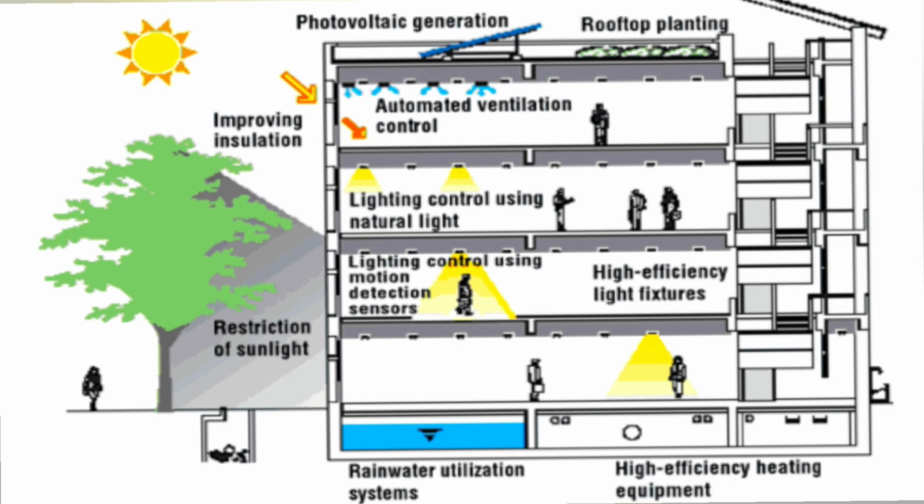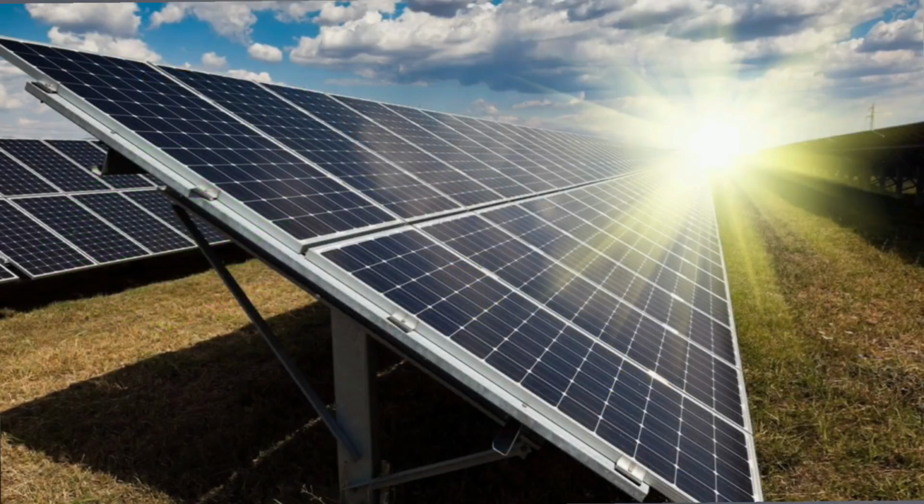It refers to the solar panels that we install over the surface of our building for the generation of electricity. It converts the light energy coming from the sun directly into electrical energy, and that is processed for all the electrical activities required within that particular building. Since it's a renewable source of energy and does not rely on fossil fuels, it makes a building green. So the first tick is photovoltaic generation, that is the installation of the solar panels.